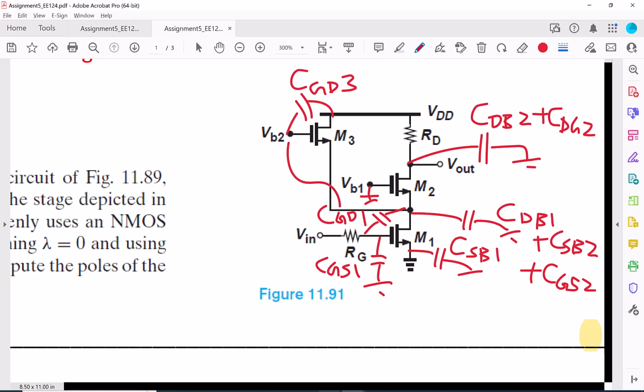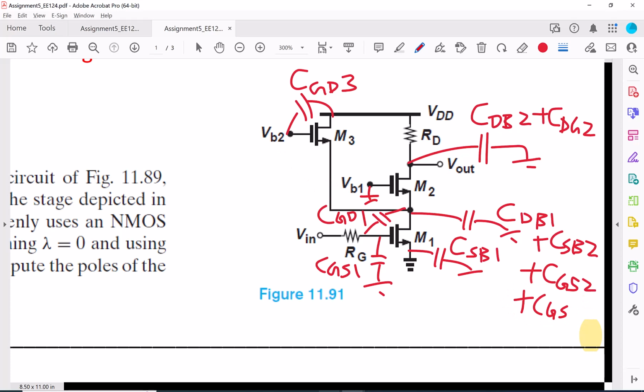What is this? CGS3. But CGS3 again, I can combine with this one, CGS3. Make sense? Anyone cannot see it? I combine this CGS3, this one, and it becomes this one, CGS3. Do you agree? Because they have both terminals, one of them connected to ground, one of them connected to this node.